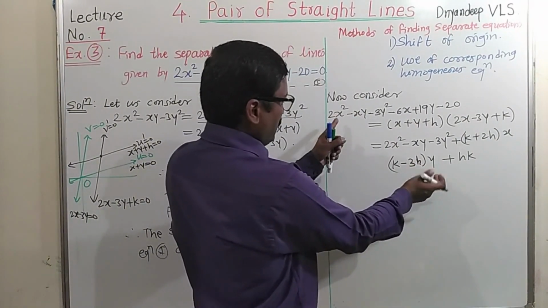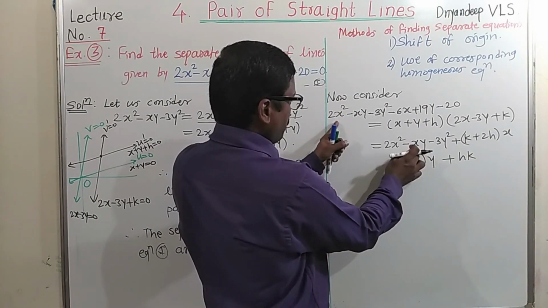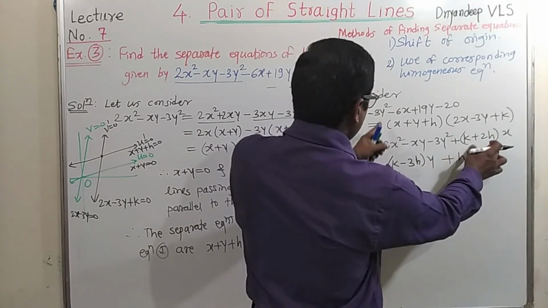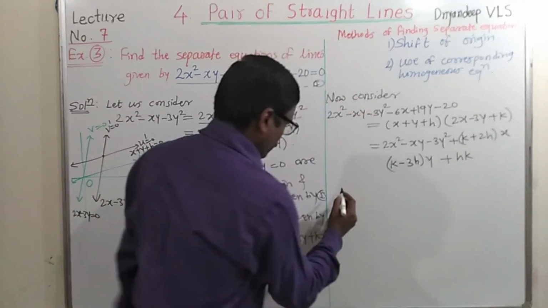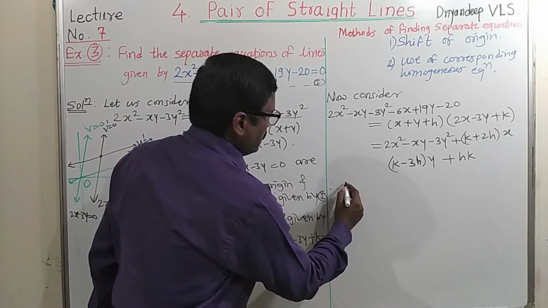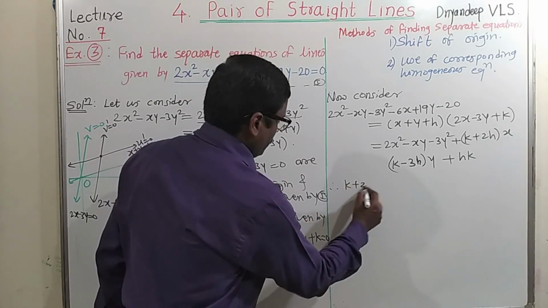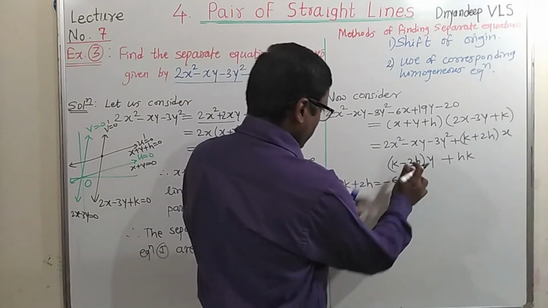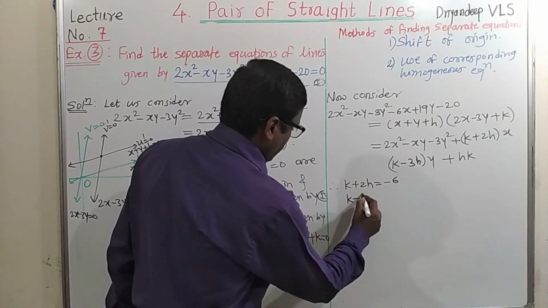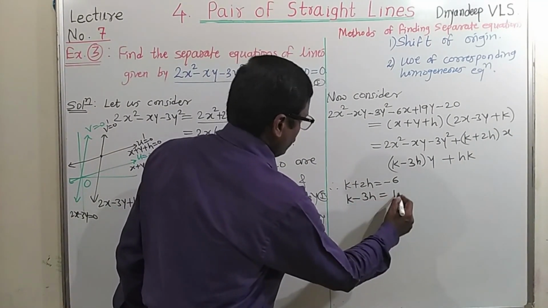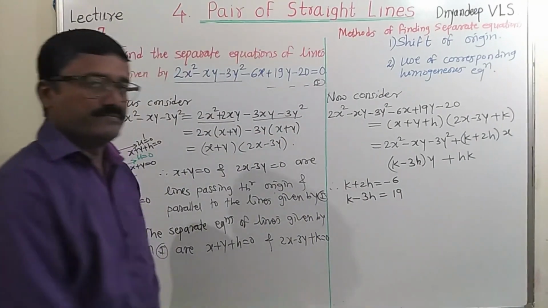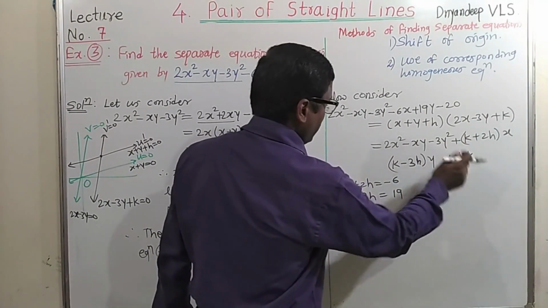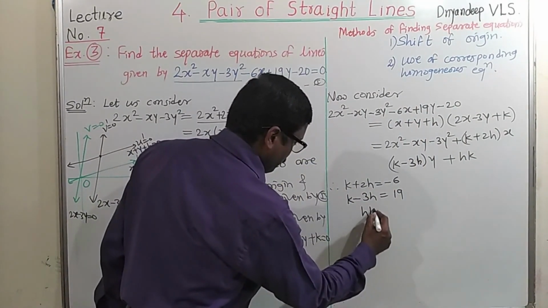Now these two are equal expressions. So equate them. These initial three terms are same. So this one is nothing but minus 6. Therefore we get equations k plus 2h equal to minus 6 and k minus 3h equal to 19. Okay, and third one is equating constants. We get hk equal to minus 20.